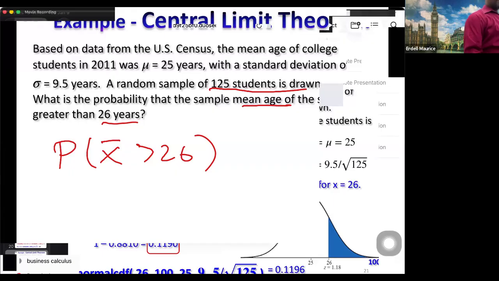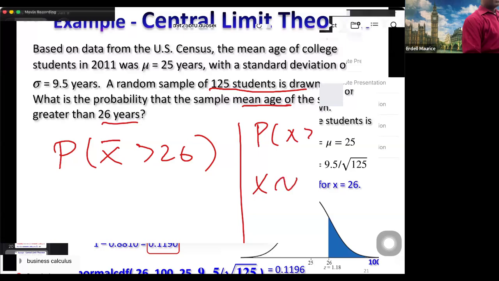So, again, previously, probability X is greater than 26. X right here follows a normal distribution with a mean of 25 and a standard deviation of 9.5.